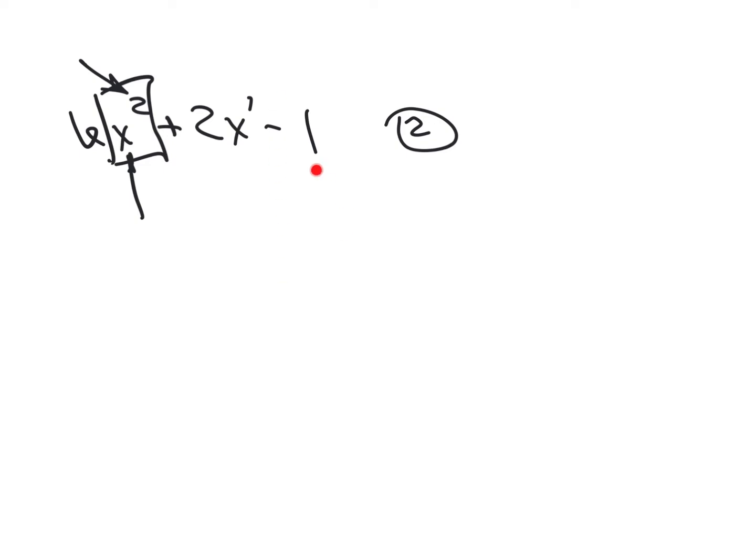Now we're going to get into like terms here, or similar terms. Now I have a little bit different definition of a term than what the book says, but I think it's an easy definition to remember, and it is correct.